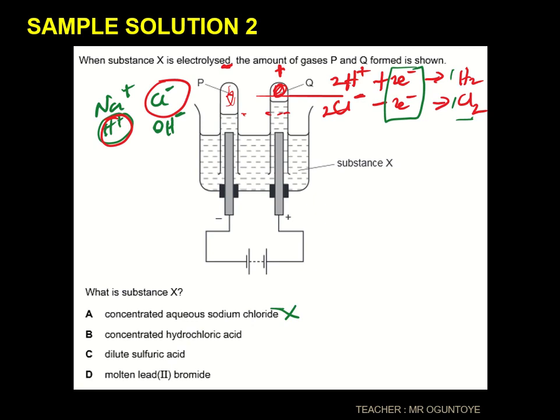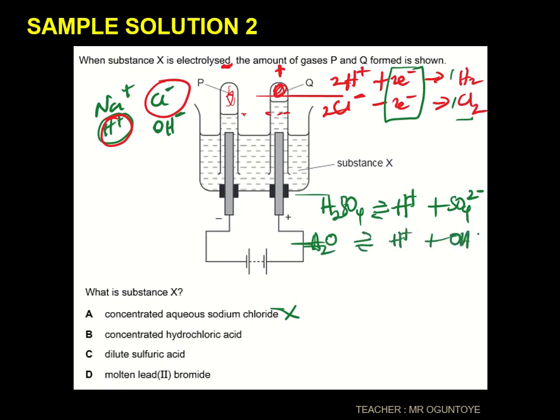Dilute sulfuric acid. Sulfuric acid will produce two ions, positive and negative ions, while water, H2O, will produce hydrogen ion and hydroxide ion.